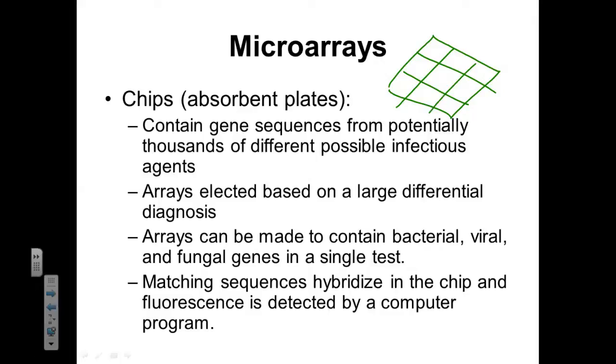And in each section, we'll have different DNA fragments. And those different DNA fragments are going to be single-stranded DNA fragments with specific genetic codes to them. So each DNA fragment that we put on our segment of the microarray has a specific genetic code.